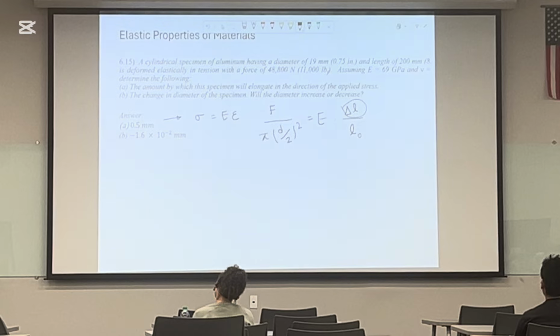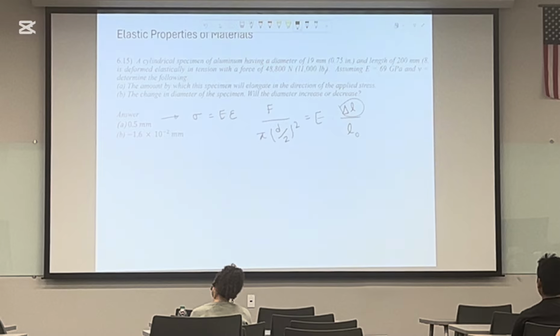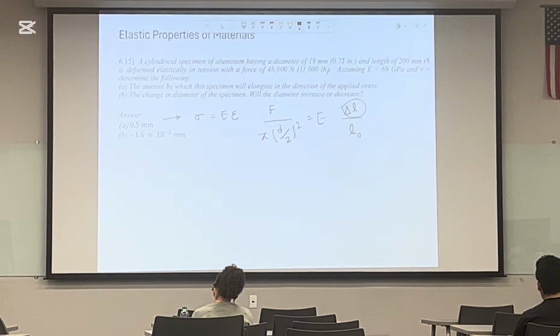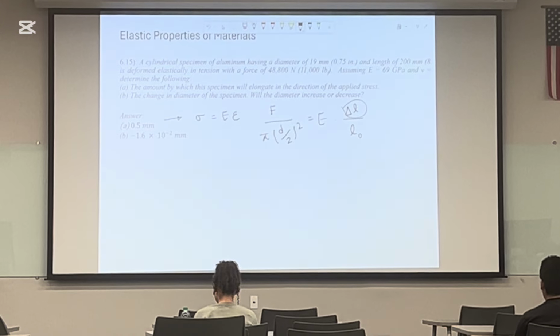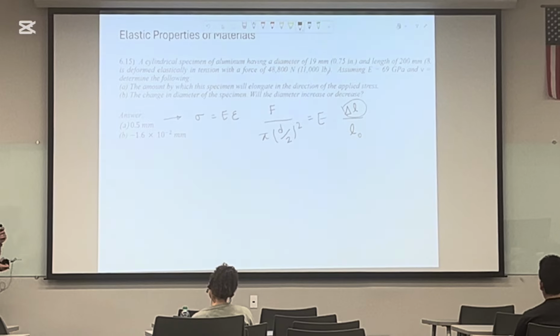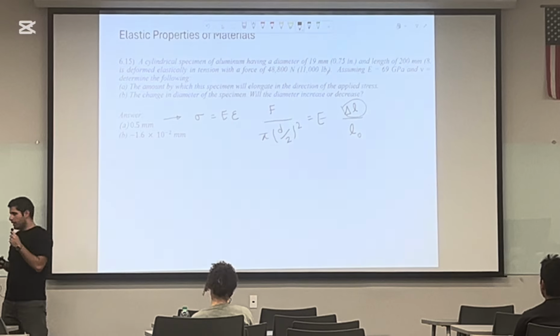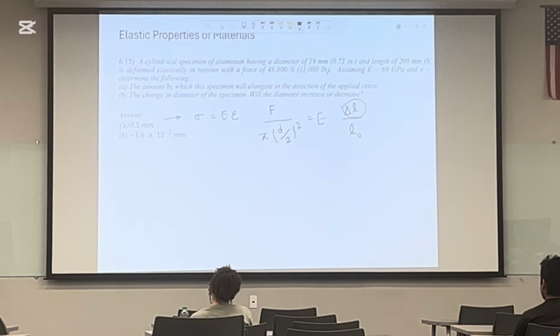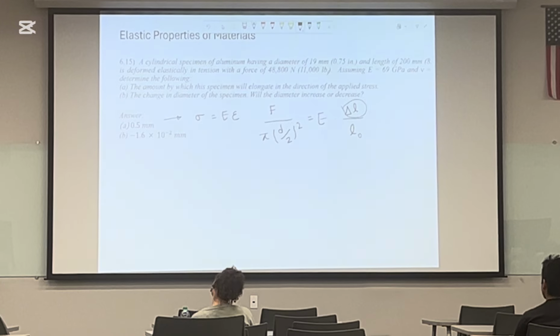So let's move to part B, which is asking to calculate the change in diameter. So for the change in length, which is the elongation, we use the strain, right? And it's kind of the same thing here, but we use a different strain.